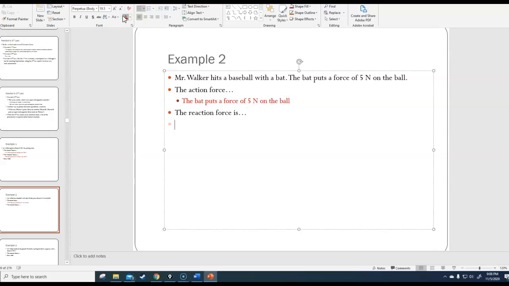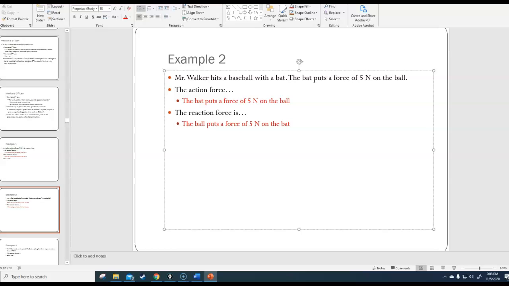The reaction force is that the ball puts a force of 5 newtons on the bat. That's it. Notice again, it's the same two objects. All we've done is, one force is going from the bat to the ball, the other is going from the ball to the bat, and it's going in the opposite direction.